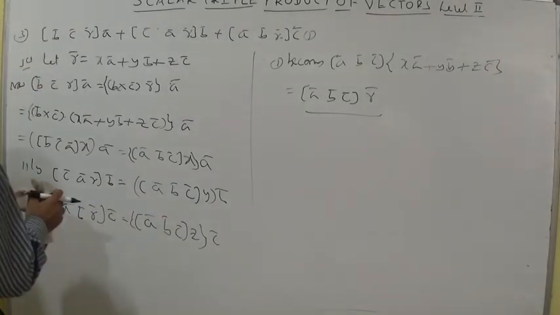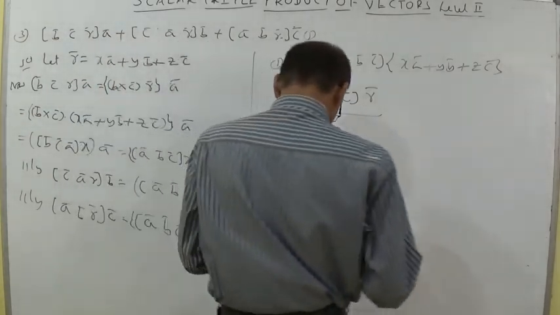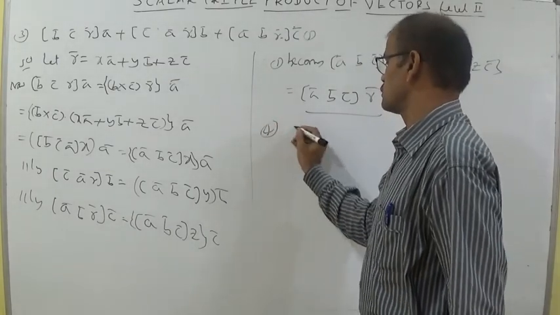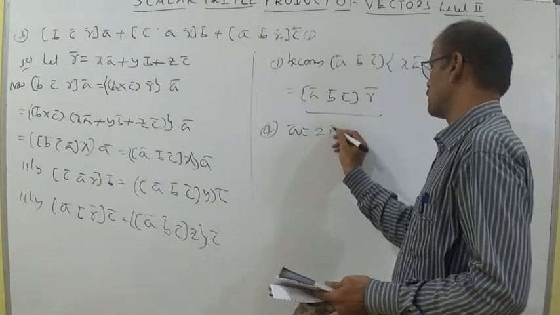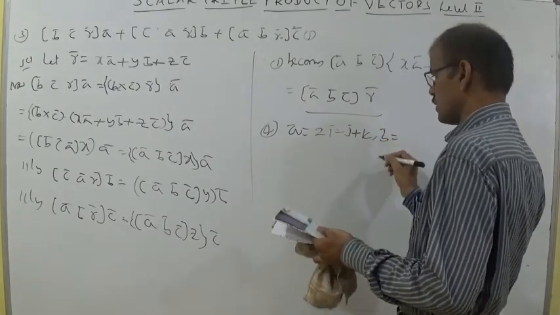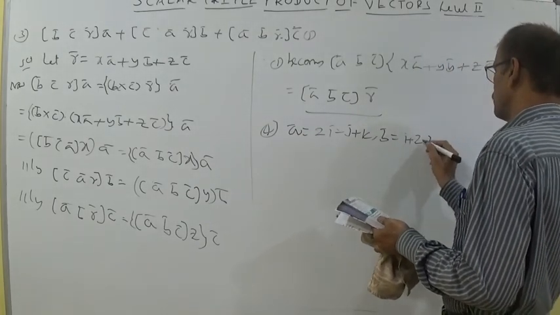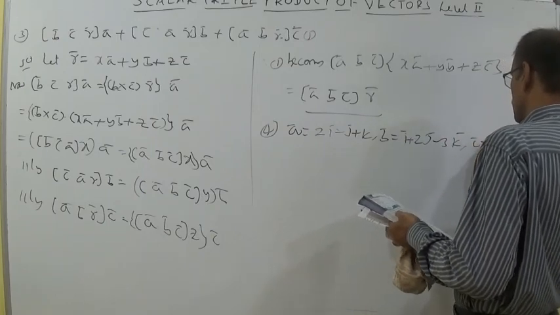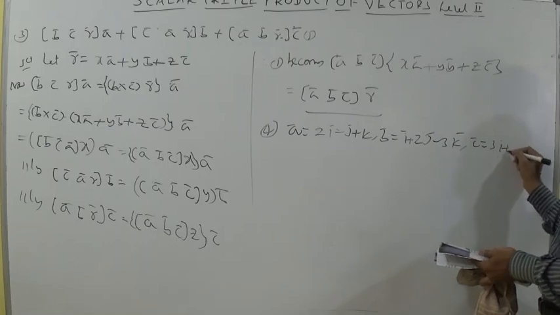Next, the fourth question. It is given that the vectors are coplanar: A bar is equal to 2i minus j plus k, B bar is equal to i plus 2j minus 3k, and C bar is equal to 3i plus mu j plus 5k.